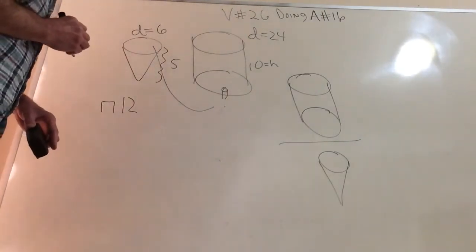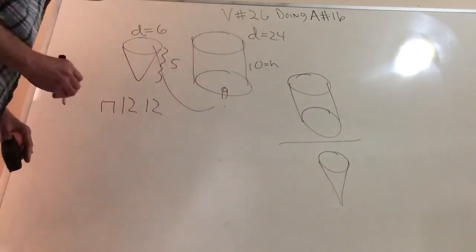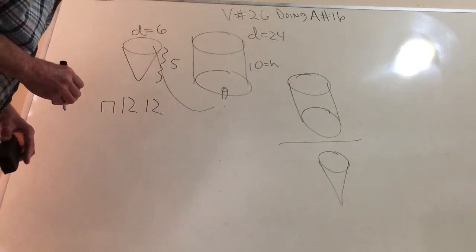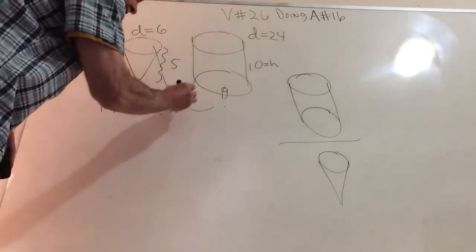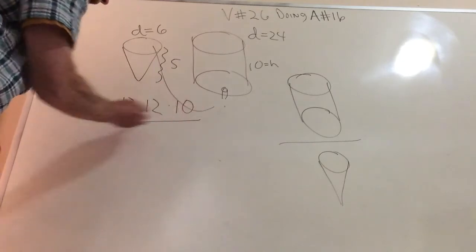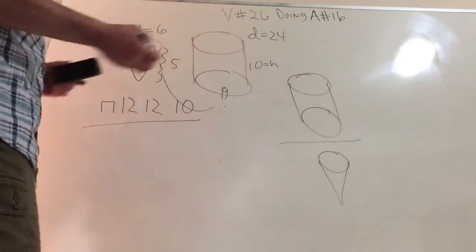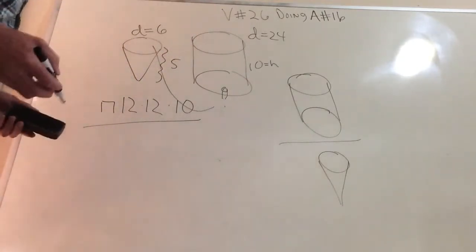You should see that easily. I repeat the 12 again because it's squared, and then I'm working on the 10, which is the height, and I'm going to divide that by 1 cup, and then I'll know the ratio, and I'll know the number of cups that this dispenser gives me.